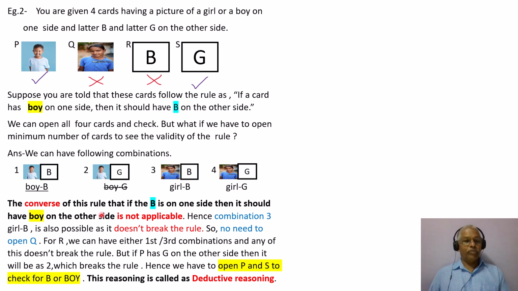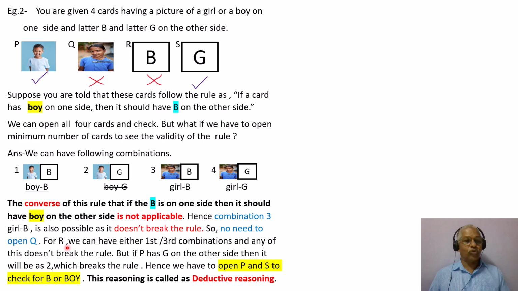So the converse, that if B is on one side then it should have boy on the other side, is not applicable. Hence combination 3 here, girl B, is also possible. So this can have girl on that side and B on this side, and if that's the case, it doesn't break the rule. So it's possible and it doesn't break the rule.